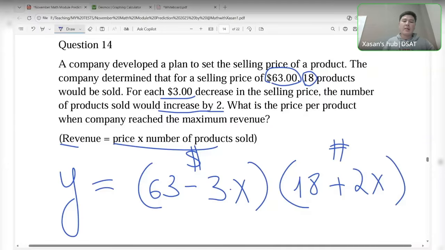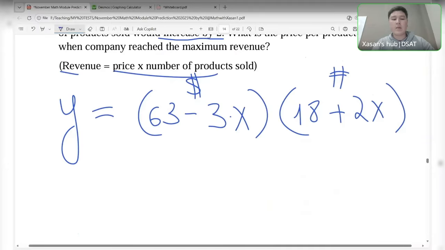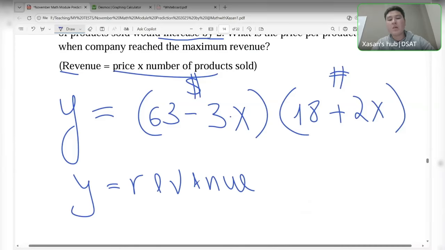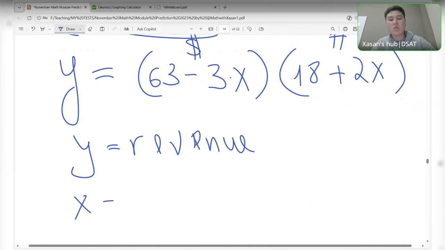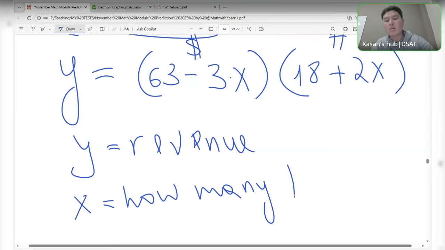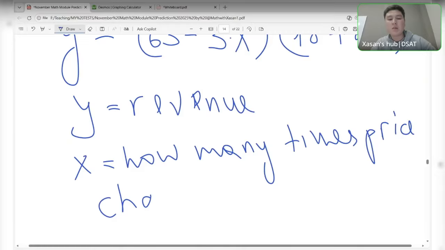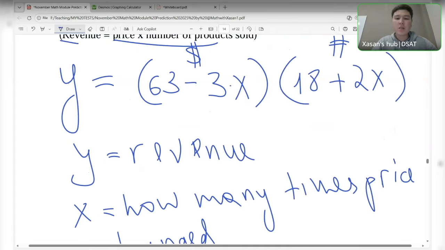And understand, guys, Y is the revenue, and X is equal to how many times the price is changed. Maybe there's an increase, maybe there is a decrease. Price changed. That's all.